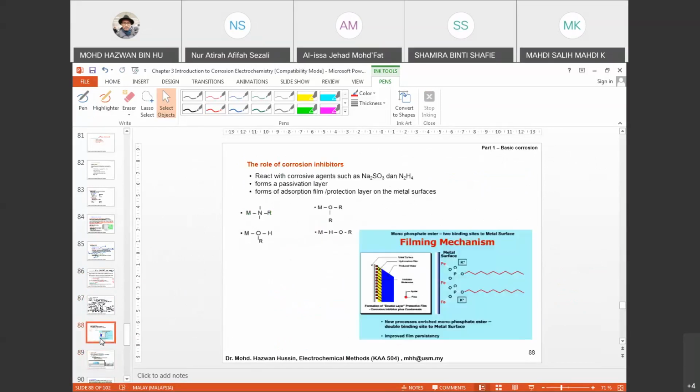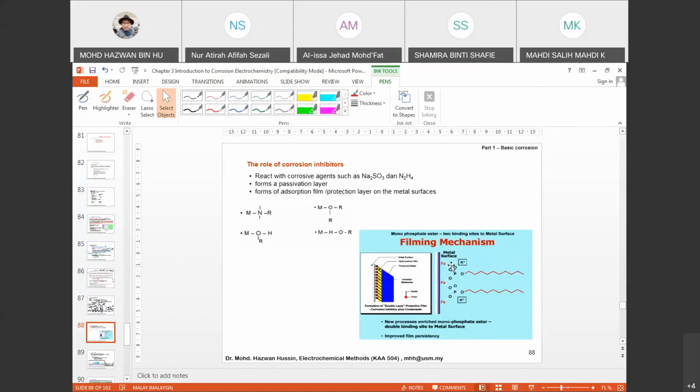Okay, so before we end the lecture, just to show you the role of corrosion inhibitors, as I said, once it forms the interaction, it forms an adsorption film. It will react with the aggressive agent. It will form a passive layer and form an adsorption film or protective layer on the metal surface.